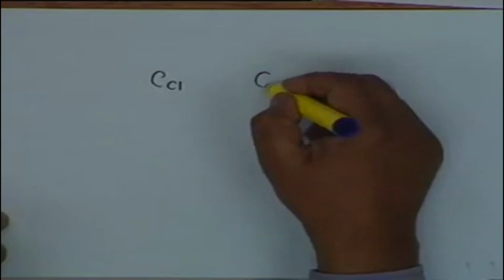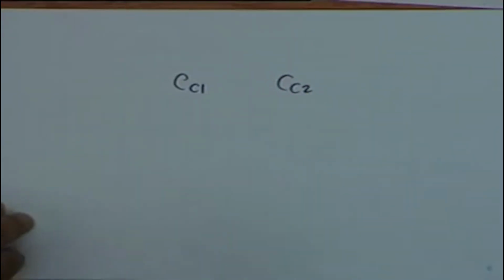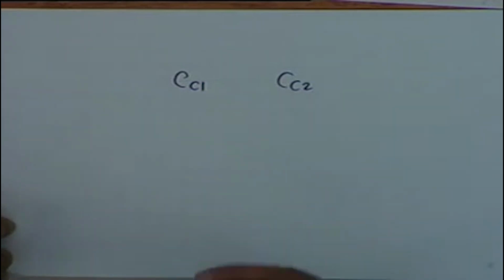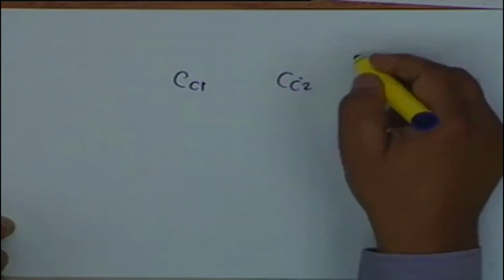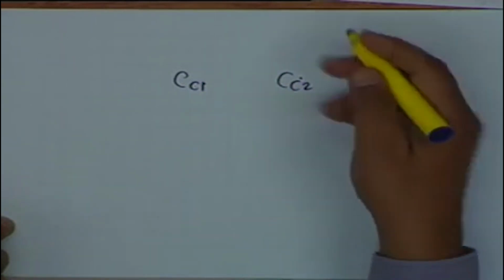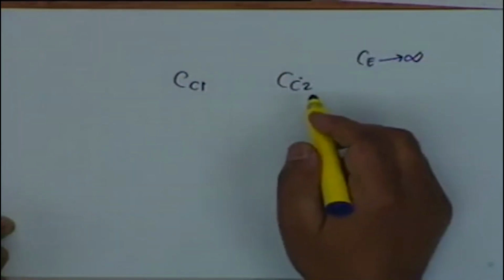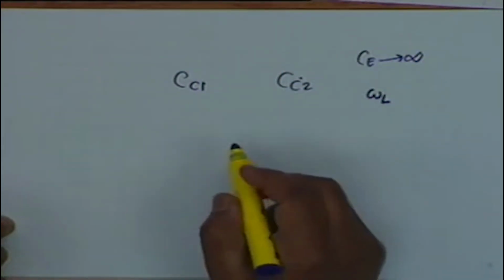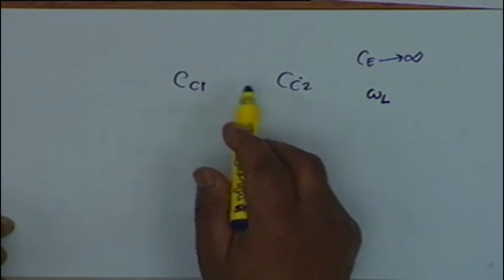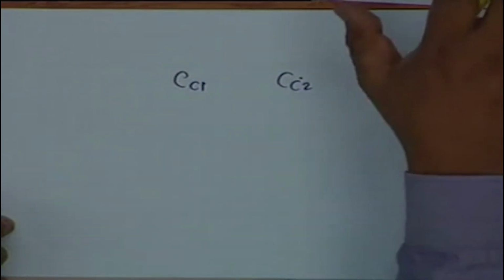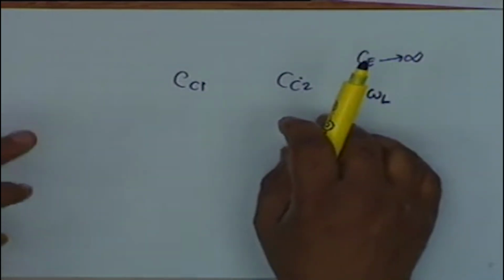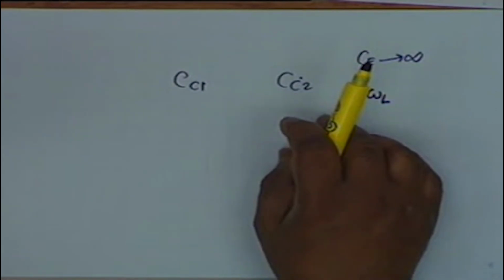If your choice is to determine omega L by either CC1 or CC2, assuming CE to go to infinity, then you calculate from the specified omega L, you calculate CC1 and CC2, have the larger of the two as the value that is calculated, the smaller one you multiply 5 times. That is a different situation.